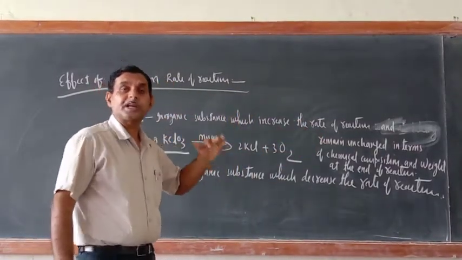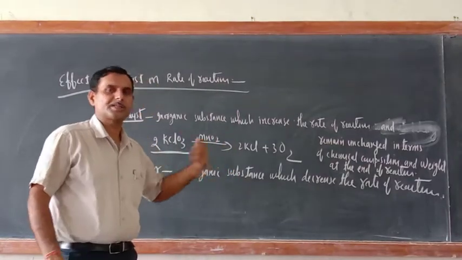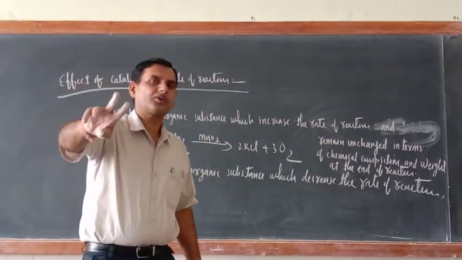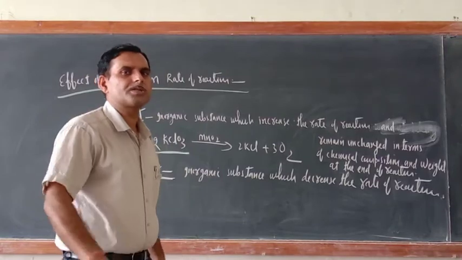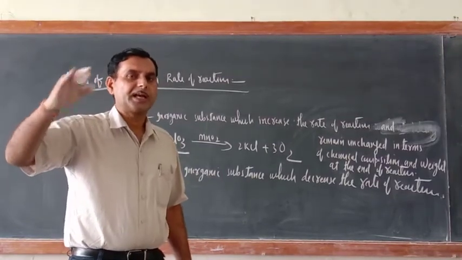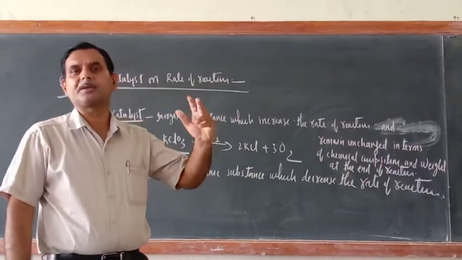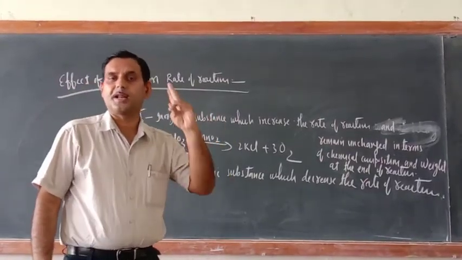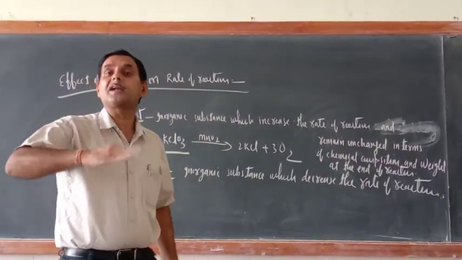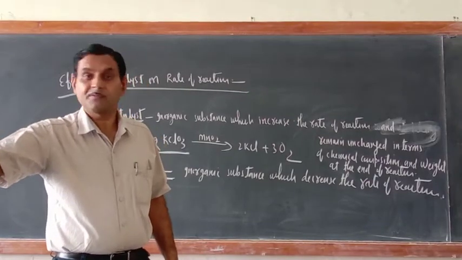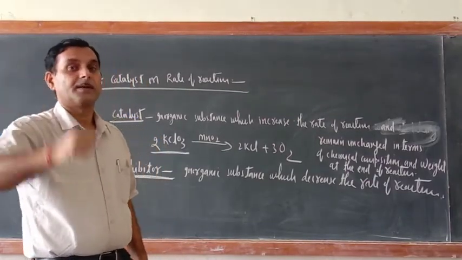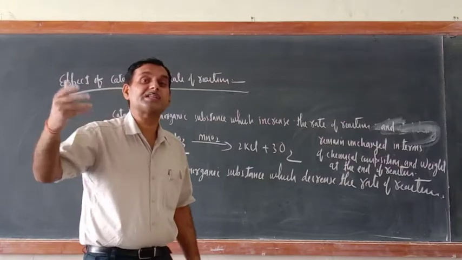So the question arises here, how? Just see, I told you different theories have been proposed. Actually, a catalyst increases the rate of reaction because, number one, it provides an alternative path for the completion of the reaction by changing its physical state.